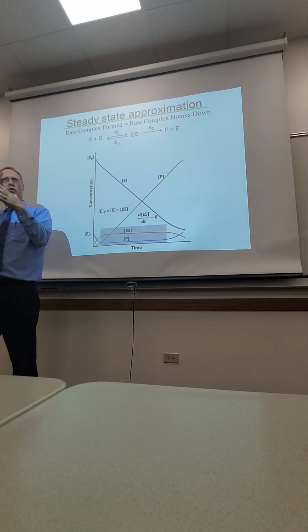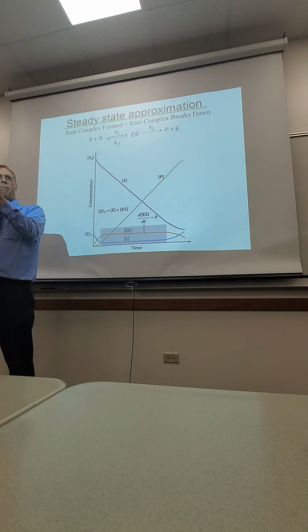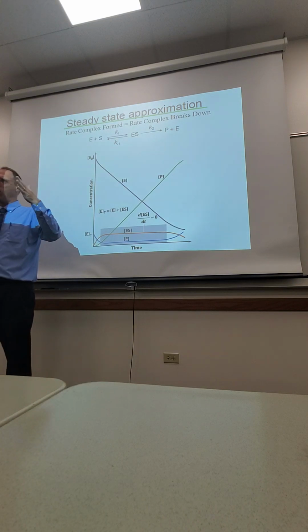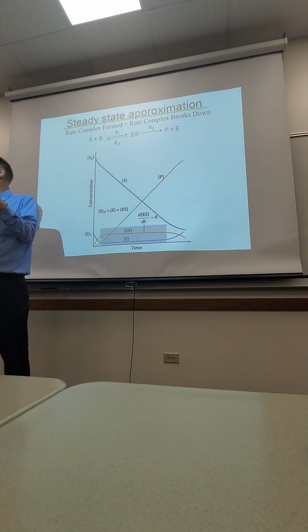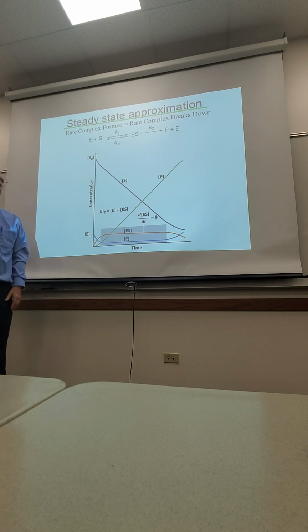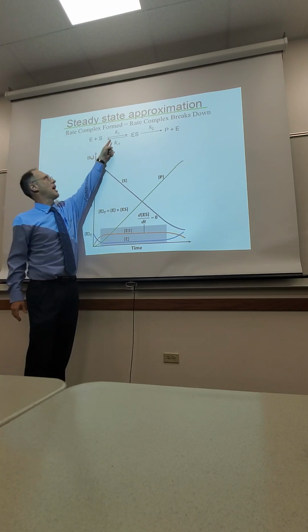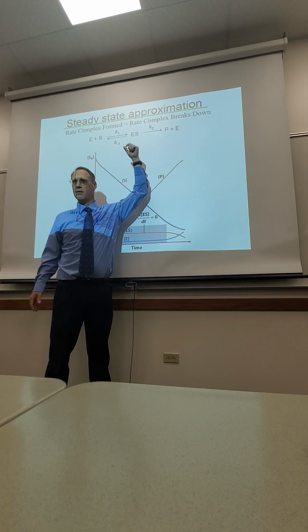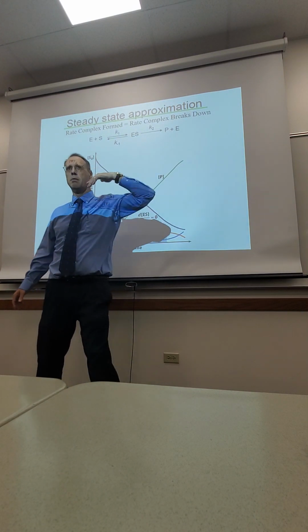So I've got two that come apart. One's going to product or one's just going backwards. And one that's the rate coming together. And as long as those rates are equal, I'm at steady state. Okay? Essentially, the K1 rate versus the K negative 1 and K2 rates must be equal.